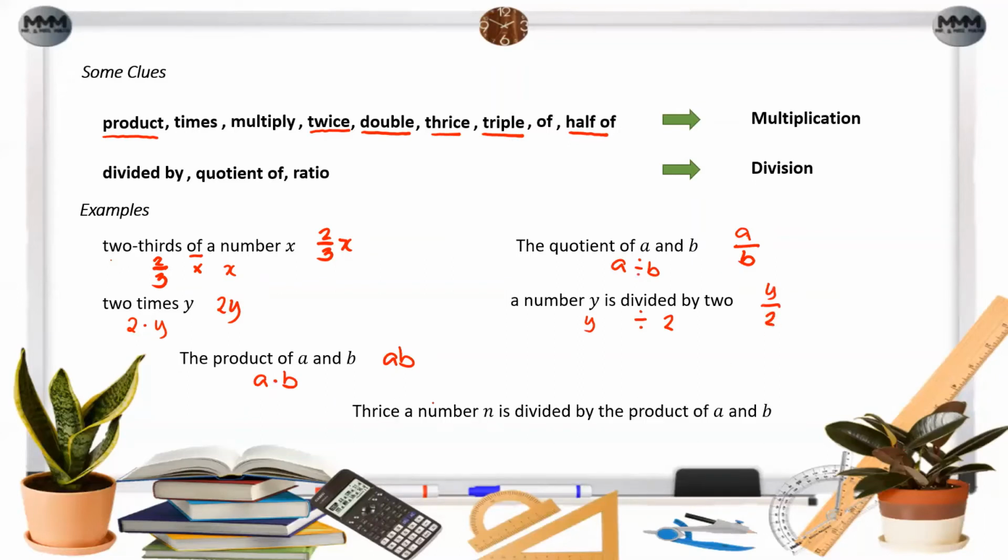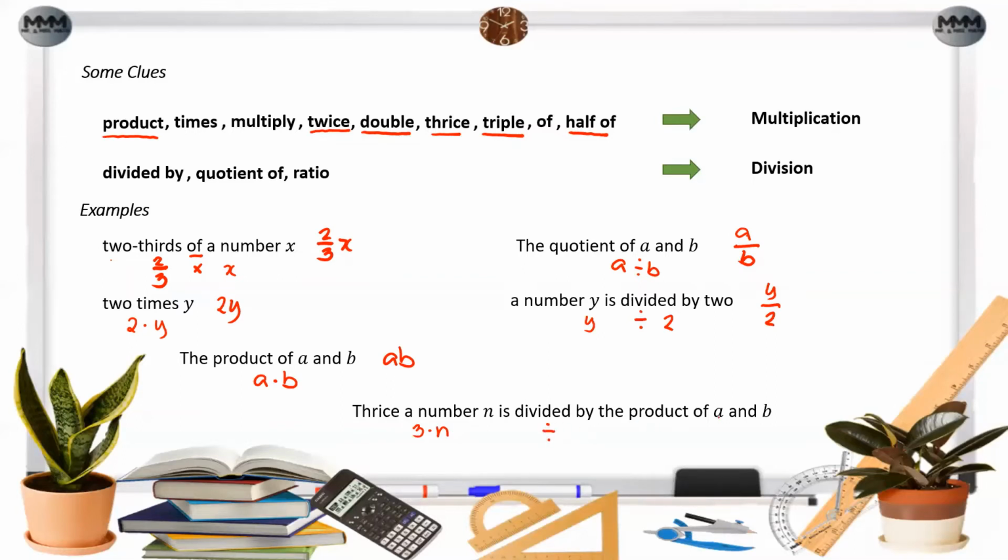Another is thrice a number n is divided by the product of a and b. So let's have this first. Thrice a number n means a number n is multiplied by 3. So we have 3 times n. And this divided by, we have this symbol.